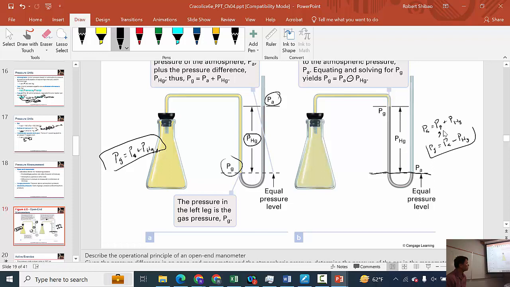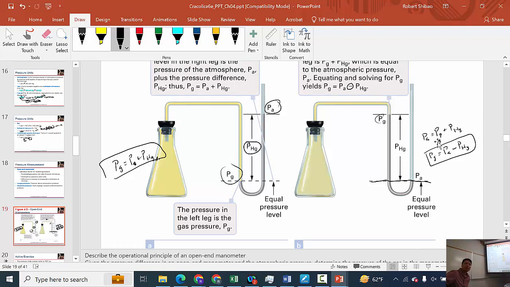And that's where this equation comes from. So I always add it. The left side is equal to the right side, and we always add. Then to solve, we want to solve for PG. So I don't bother memorizing two separate equations. I just know to add on both sides. Does that make sense?